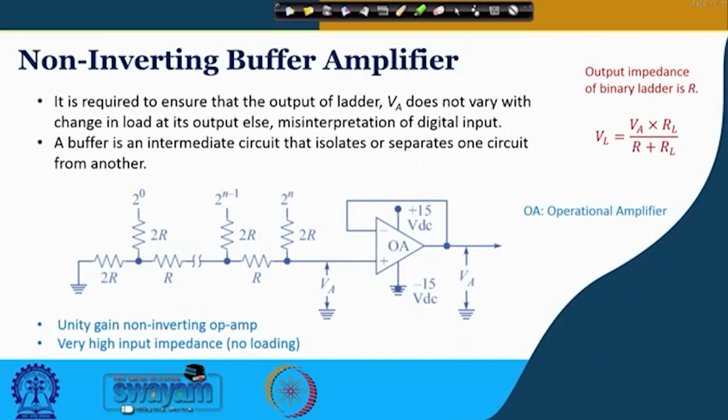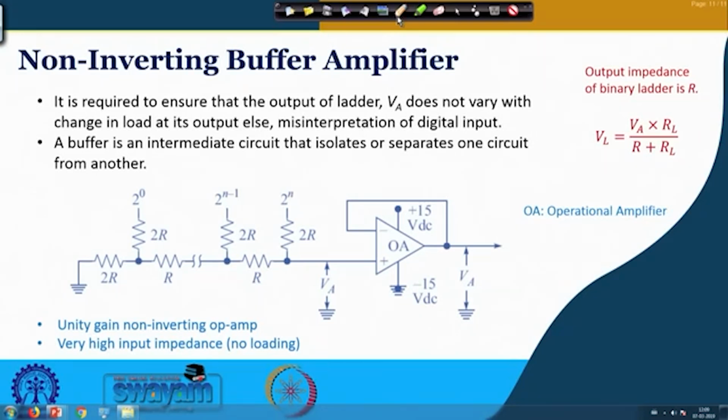In such a situation, with variation of the load, there could be a misinterpretation of the digital input. So, we need an arrangement by which the variation in the load should not affect the analog output that is getting generated, for which we think of putting a buffer circuit, and also amplification if required.